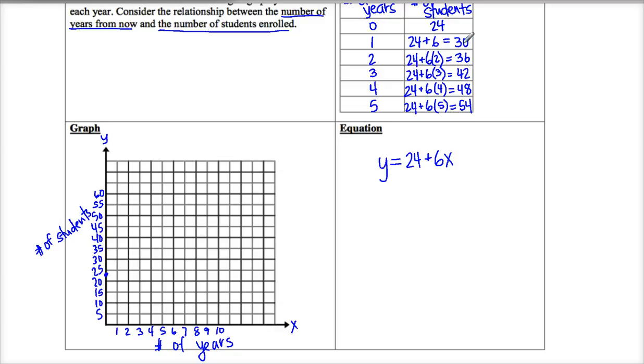Okay, then 1, 30 is right here. 2, 36 is about right there. 3, 42. 4, 48, and 5, 54. Okay, I can tell I filled in my table correctly because these points make a straight line. So my graph looks something like that.